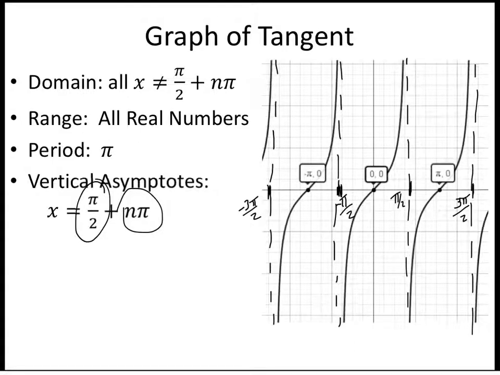That's where your x-intercepts happen. And then you notice that it goes from negative infinity to positive infinity, kind of in a swoosh fashion, within this one repeat of tangent's values.